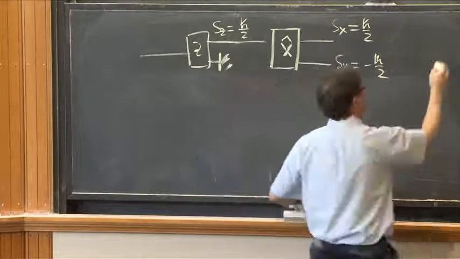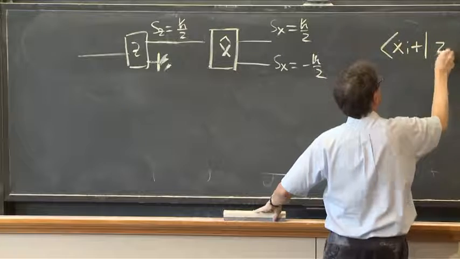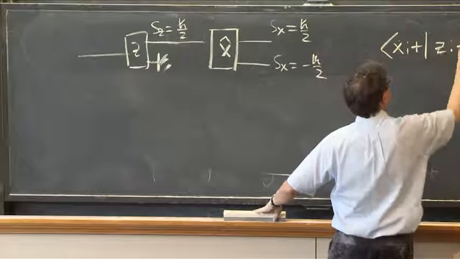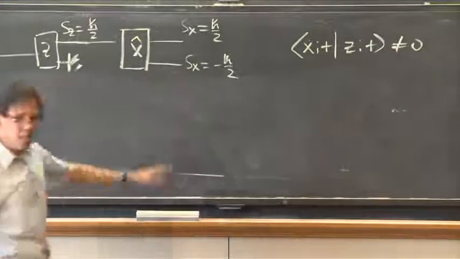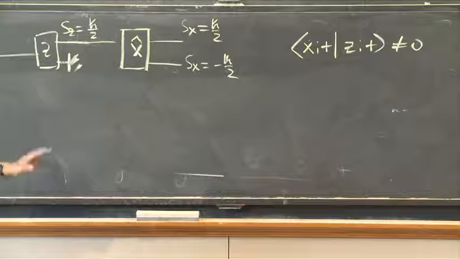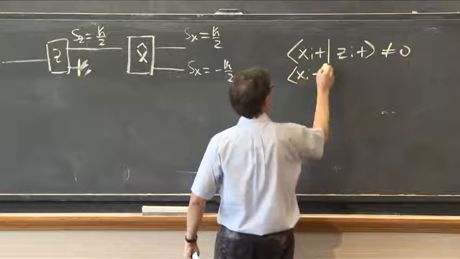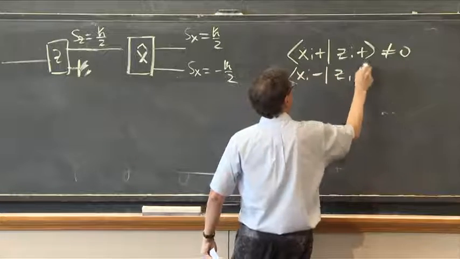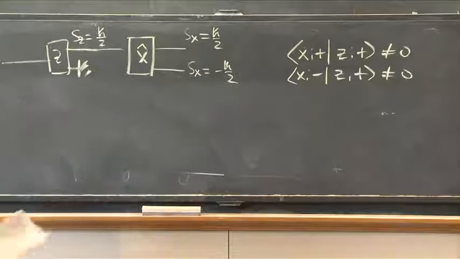So this means that, for example, the x plus state and the z plus state have an overlap. The notation we're going to make precise later, but the same thing holds with the x minus state. It has an overlap, and somehow they're about the same.